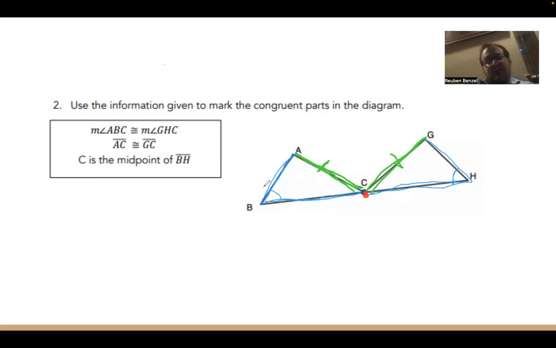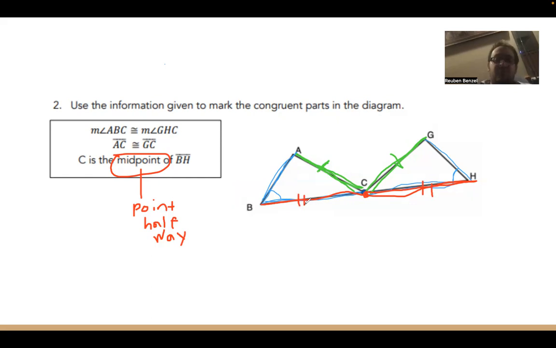So here's C, and midpoint just means point in the middle or halfway. I'm going to put that midpoint right on that red line, and then that red line cuts exactly in half. And there is our information that shows that both sides are congruent to each other.